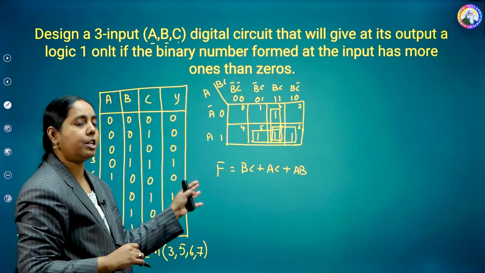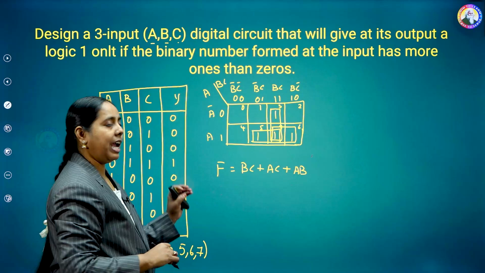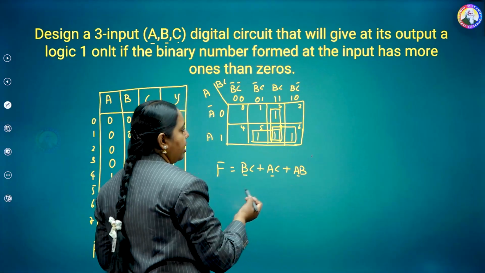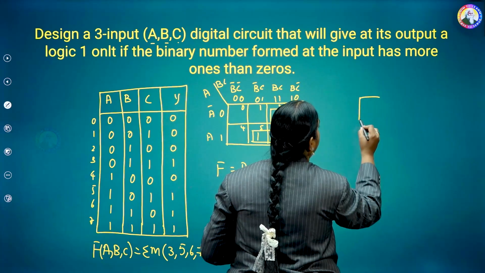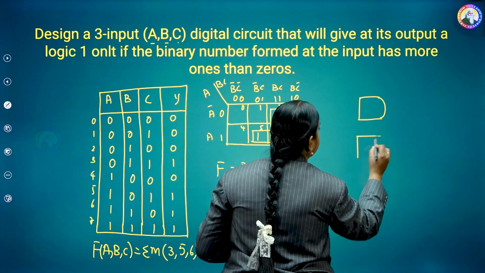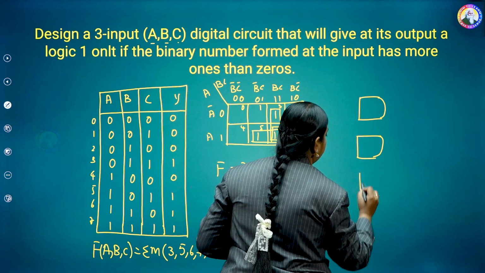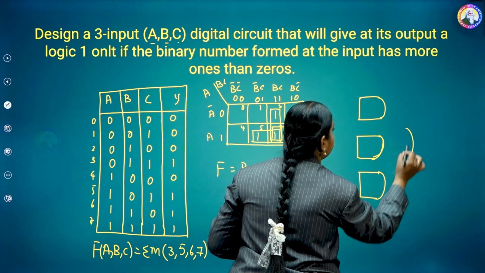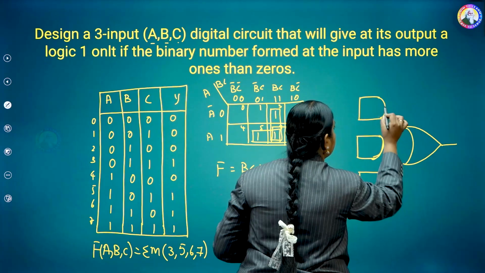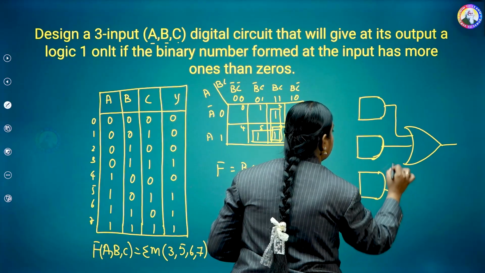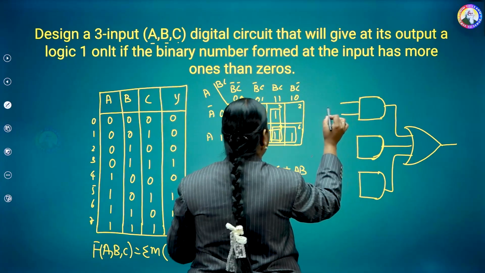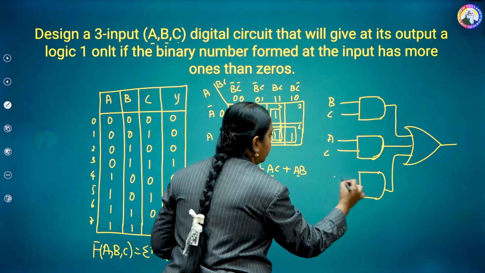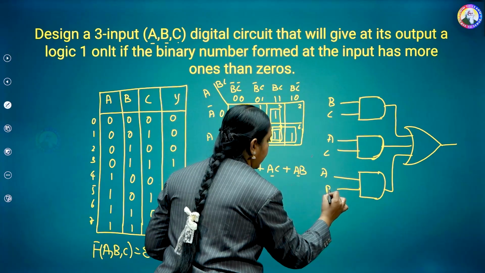The question is given as design, so I need to implement this by using logic gates. How many AND gates and OR gates are required? I am having 3 min terms, right? So I require 3 AND gates and 1 OR gate. So the first AND gate is having BC inputs, the second AND gate I am having AC, the third AND gate I am having AB.